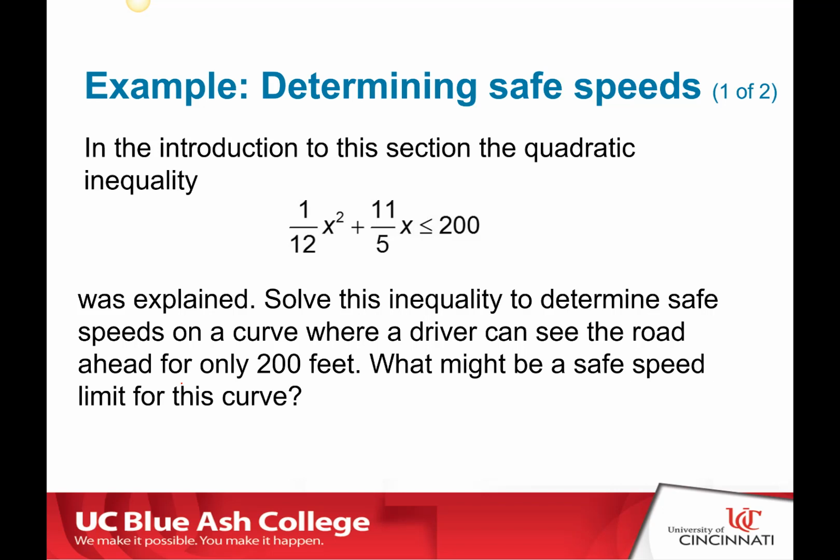So let's see here. We got an equation. And what this is dealing with is being able to decelerate in time and be able to keep the car between the yellow and the white line on a curve. And the question is, what would be a safe speed limit for this? At about 200, the car comes off the track.